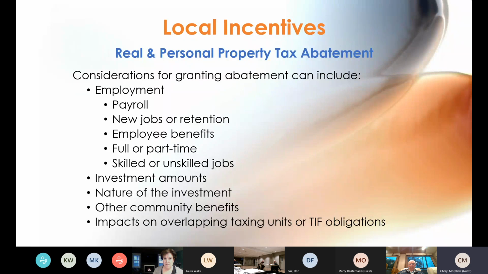Personal property and real property, even though it's a statutory program, every community has the flexibility to look at certain criteria. And so here's just a sampling of some of the criteria that companies use when determining the length of an abatement, or what percentage of an abatement if you're not using the state standard schedule.